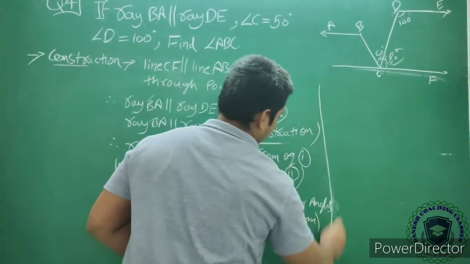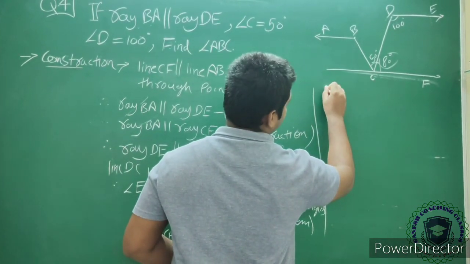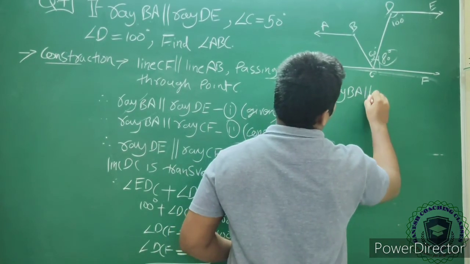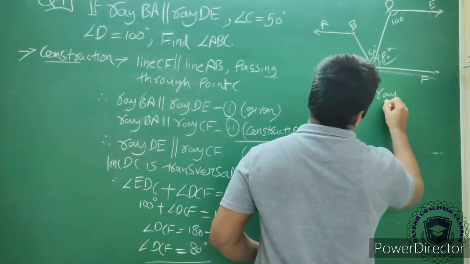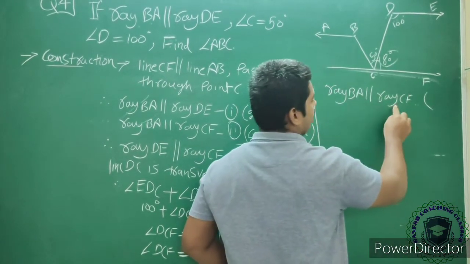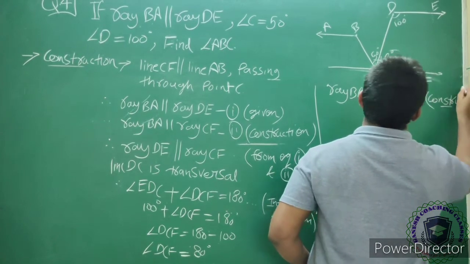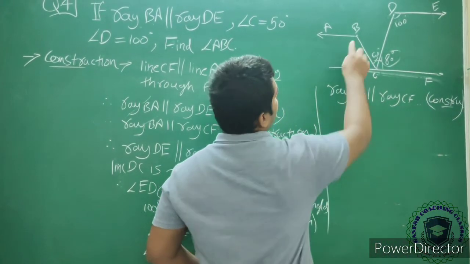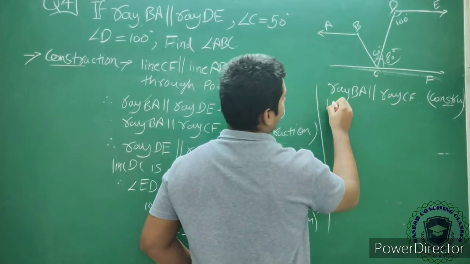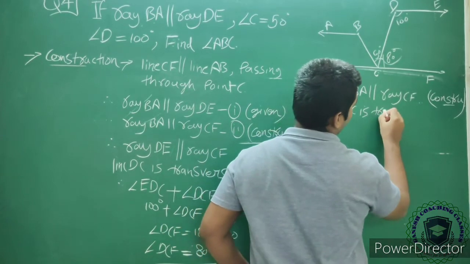So that data we have to write here: ray DA is parallel to ray CF, which we get by construction. Now BC is a transversal, so we can write here, line BC is a transversal.